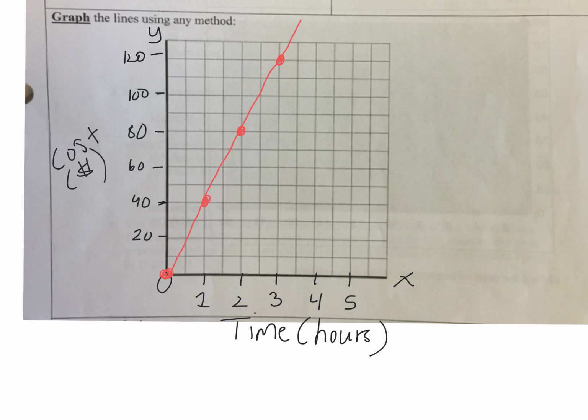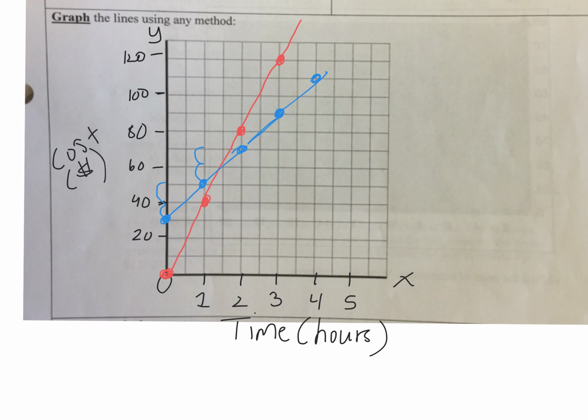Okay, so I made this graph kind of small, but that's okay. Raging Ram, where does it start? What's the flat fee? And what does it go up by every hour? 20. So I'm going to go up 10, 20 for each hour. I'm just counting, going up by 20 and over 1.